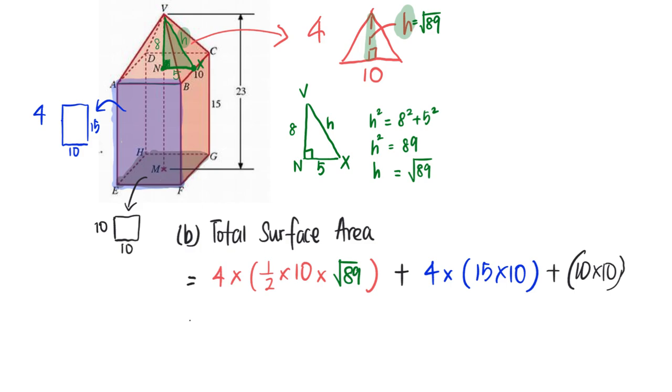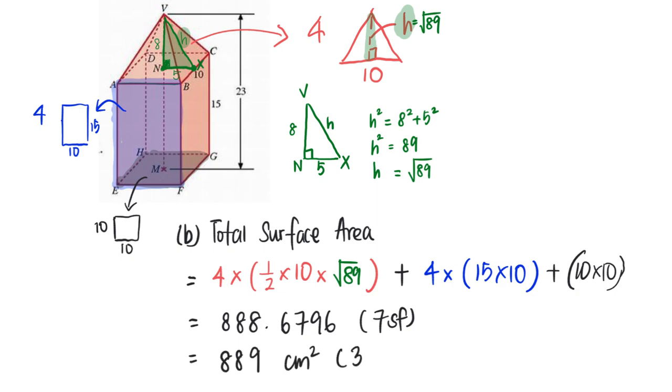And this will give me a value of 888.6796 to about 7 significant figures, followed by 3 significant figures, 889 cm square.